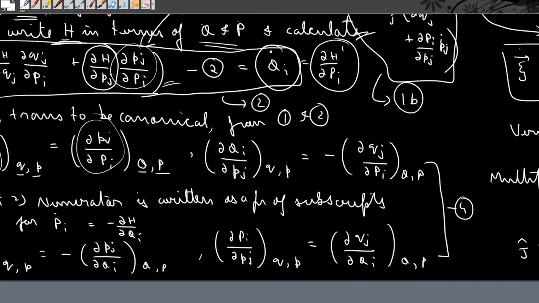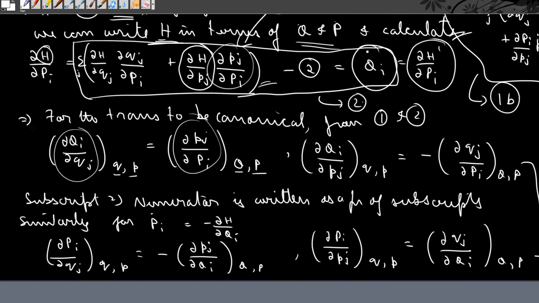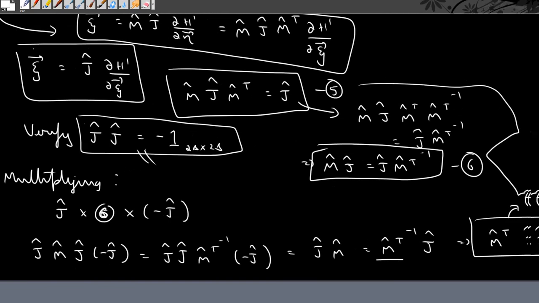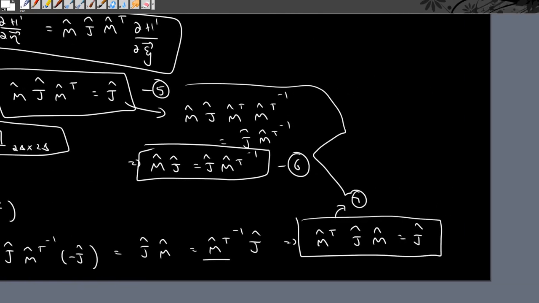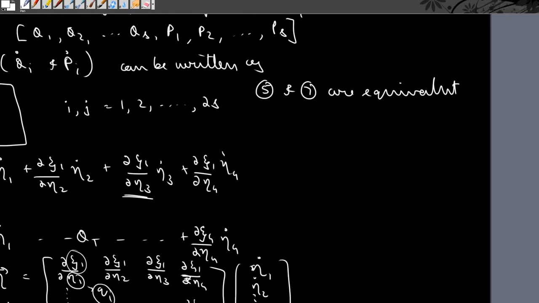Okay, so this indeed is the matrix representation of these two sets of conditions. Okay, you can check that yourself. That is what we have derived, and this condition, 5 and 7, is called the symplectic condition.